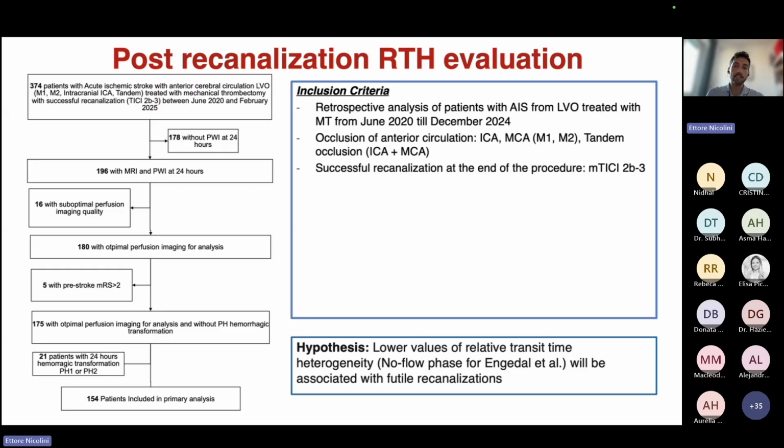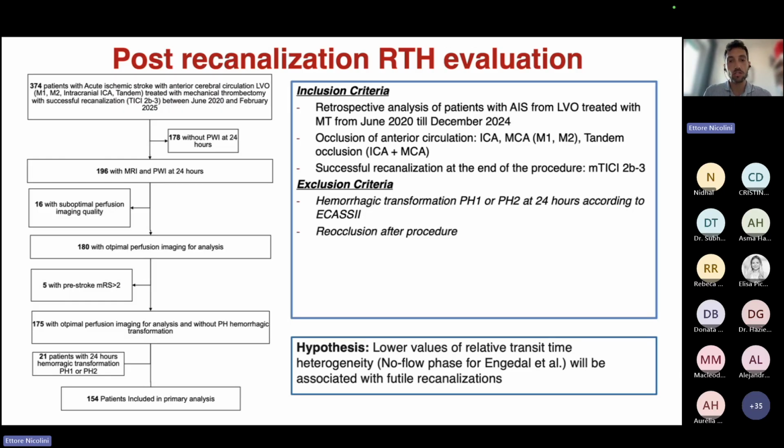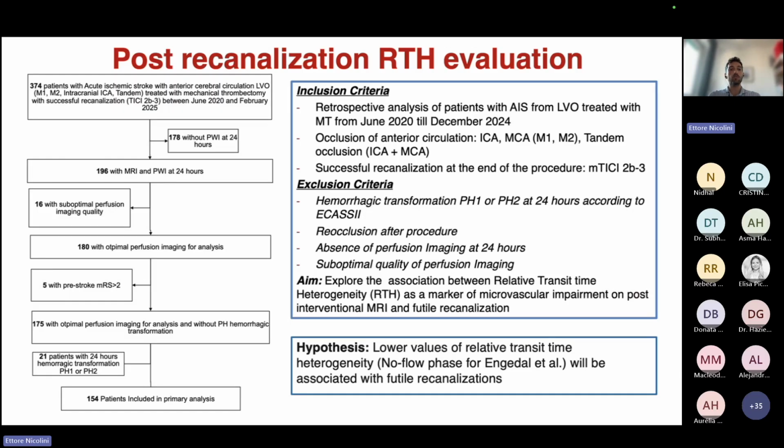So we analyzed data from patients with anterior circulation LVO with successful recanalization who had 24-hour perfusion MRI. We excluded patients with parenchymal hemorrhagic transformation, and in the end we obtained a population of 150 patients for our analysis.